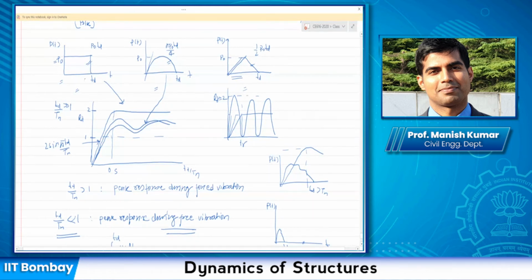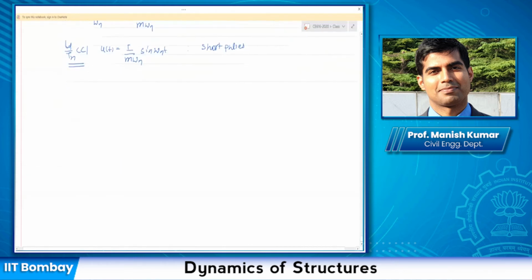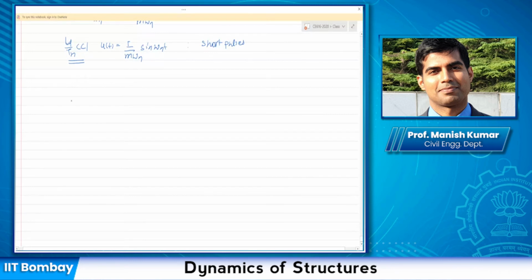Now if you consider the same 3 pulses, but now the amplitude is somehow changed so that all 3 of them would lead to the same area. So what I'm saying now, let me consider the same 3 pulses with P naught by 2 here, and this is TD.